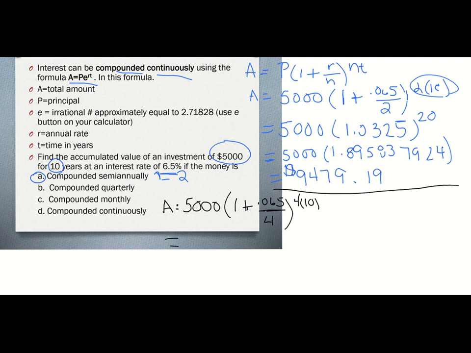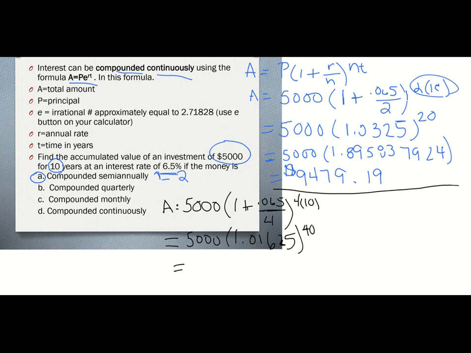So when I do the math there, take my 0.065, divide it by 4, add 1, and I end up with 5,000 times 1.01625 raised to the 40th power, because I just did 4 times 10. So let me raise that to the 40th power.